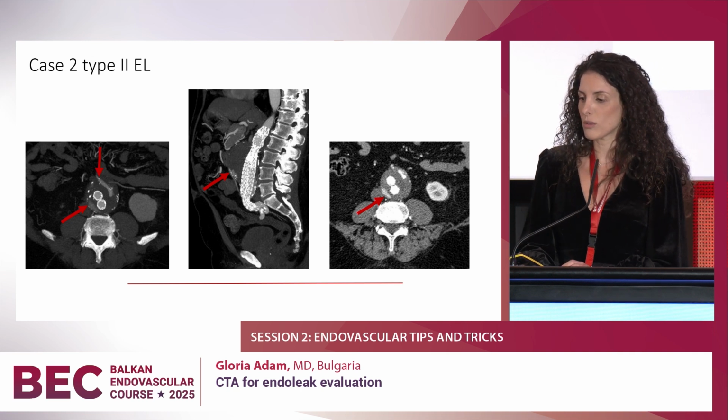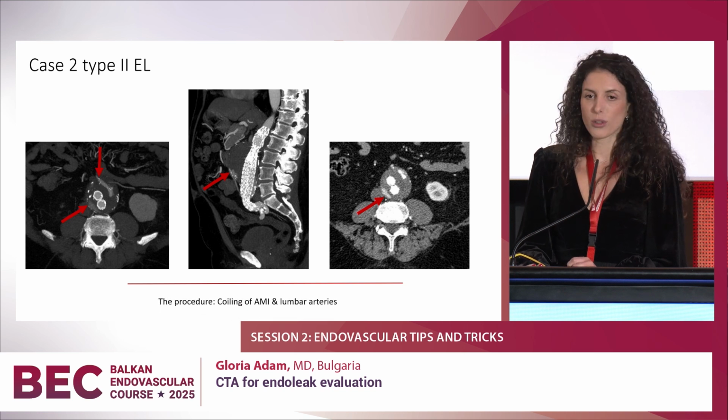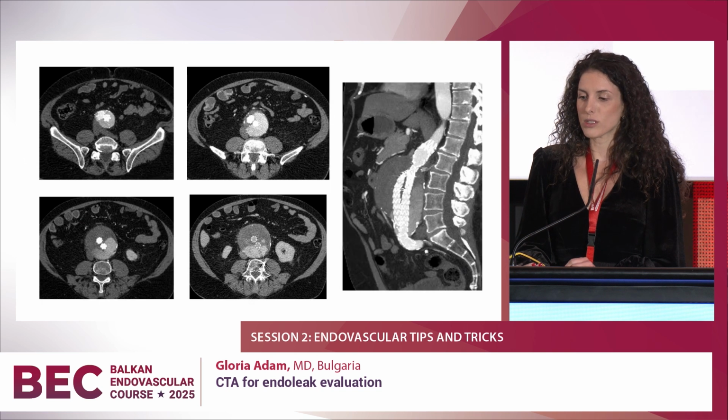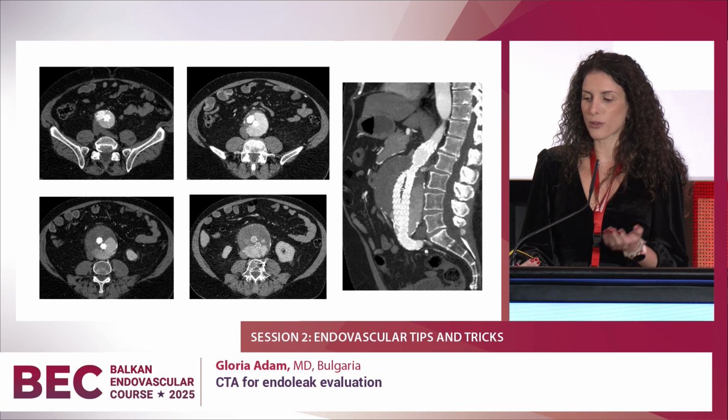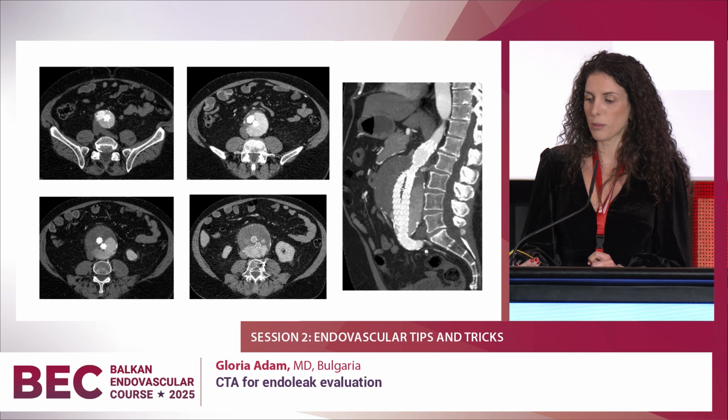So the decision was to be treated with coils, both of the arteries. And the patient was followed up further. Here we can see that there is no endoleak from the front of the aneurysm sac and coiling of the left lumbar artery.